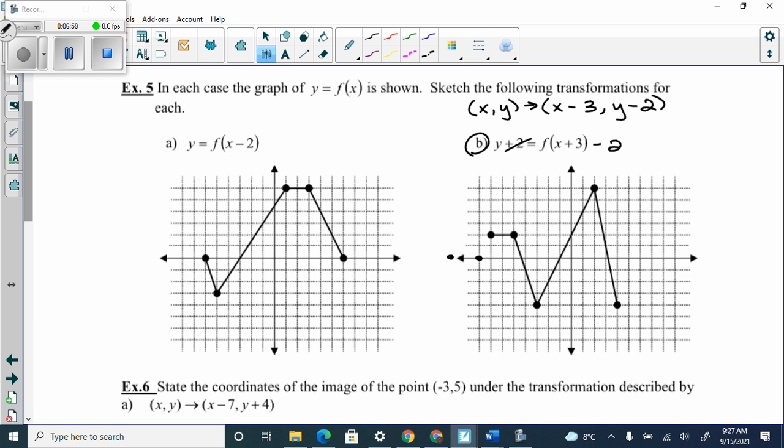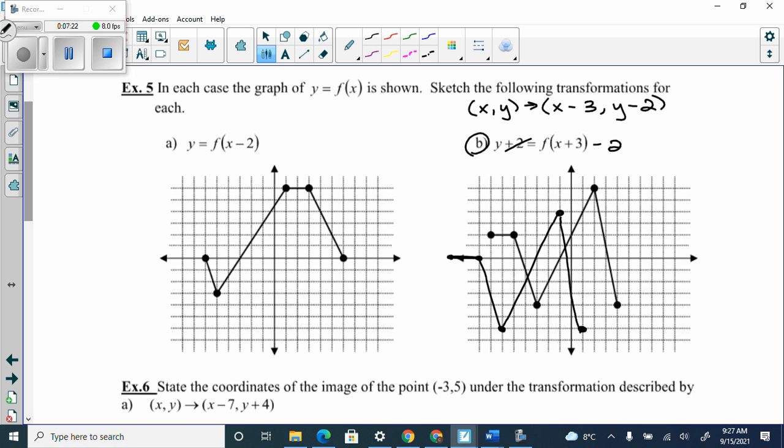So draw a dot, draw a dot, connect a dot. And then I'm going to go 3 left, 1, 2, 3, 2 down. Then 3 left, 1, 2, 3, 2 down. 3 to the left, 1, 2, 3, 2 down.